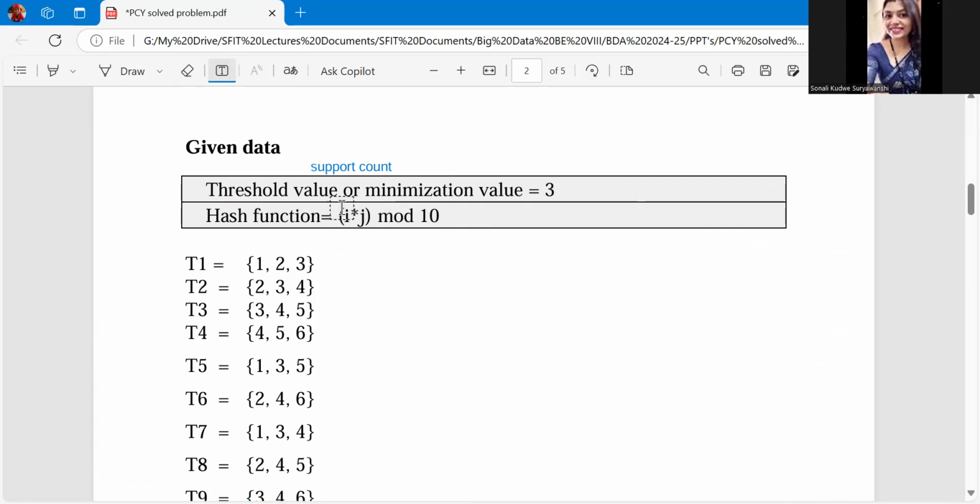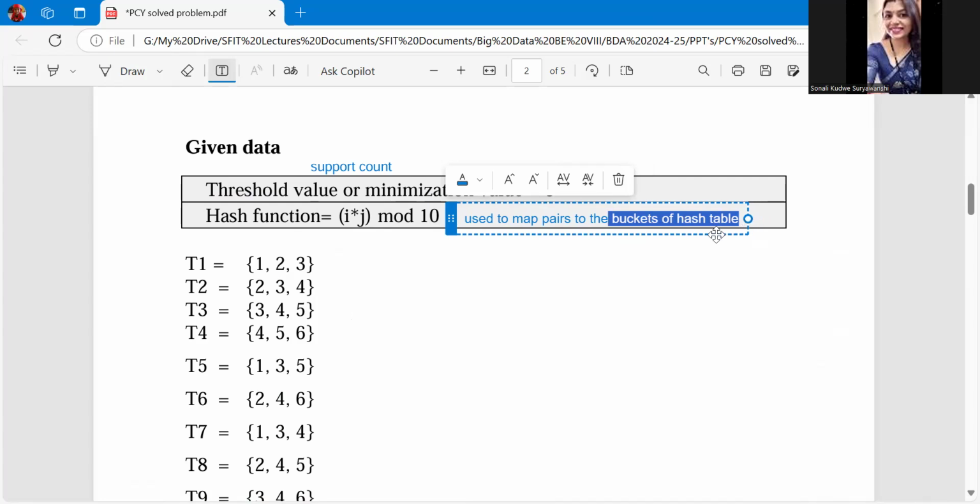We have also been given a hash function. The PCY algorithm uses a hash function which is used to map pairs to the buckets of a hash table. So here we are going to use this hash function to map the pairs that we generate from the transaction table to the buckets of the hash table.